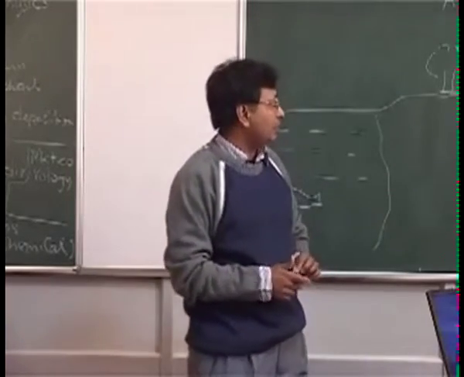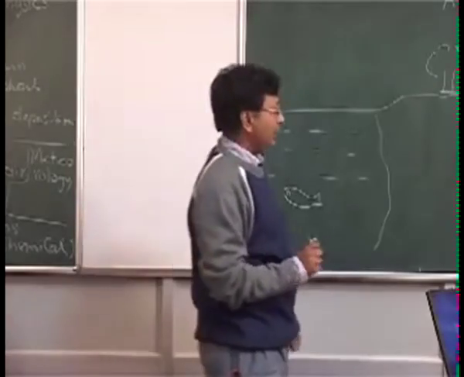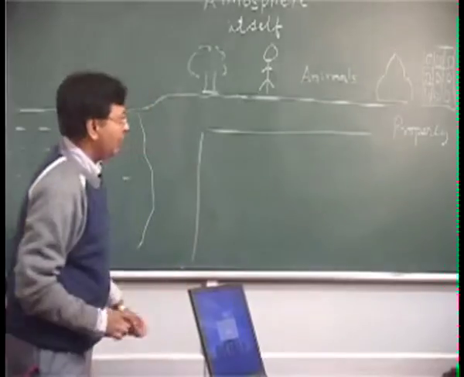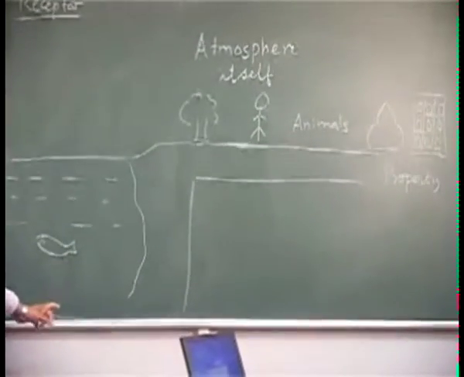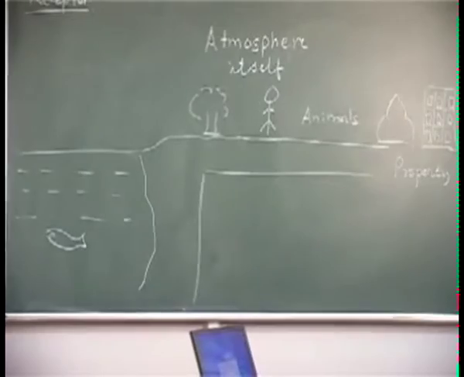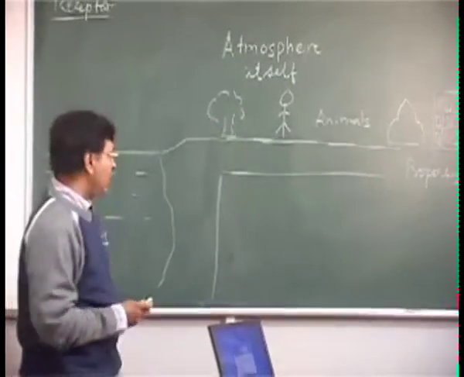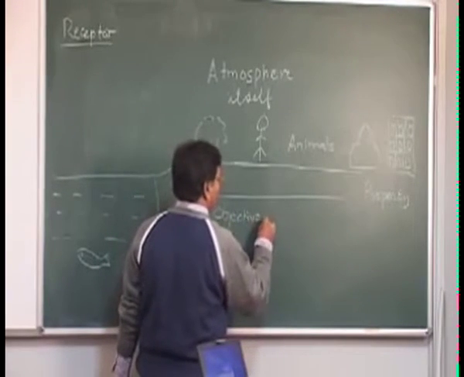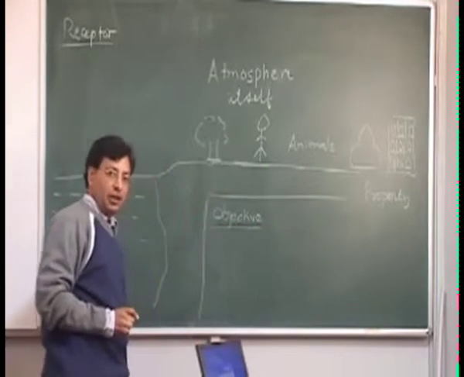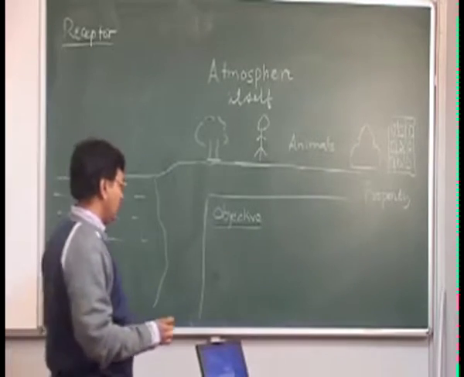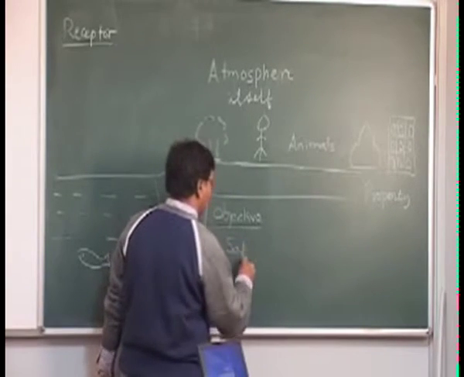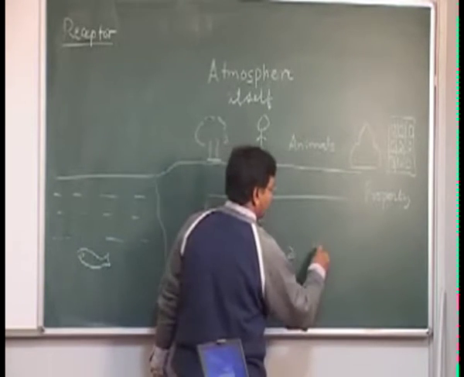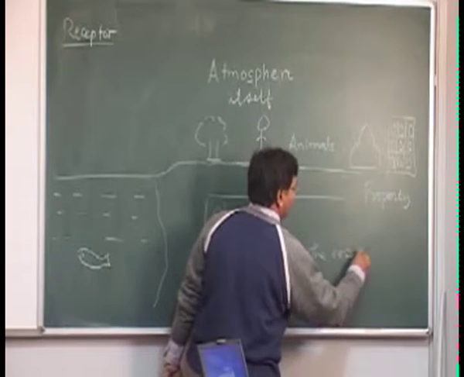So what is my objective here? The purpose of air pollution control, or of any pollution control for that matter, or of all the degrees we are trying to get, is to safeguard the receptors, which includes everything.